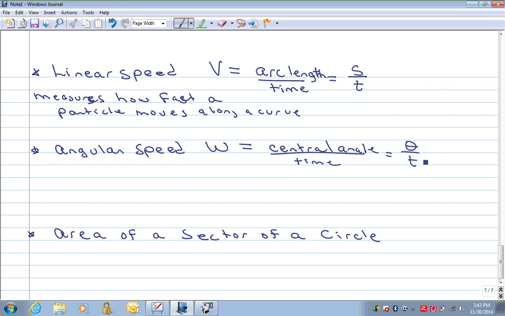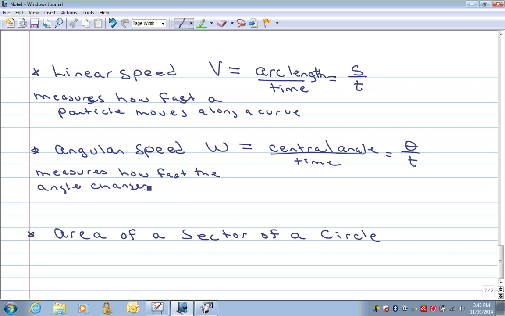And again, you're going to want to have these formulas in front of you. And the angular speed measures how fast the angle changes. And we'll get a chance to look at some examples of those in the real world.